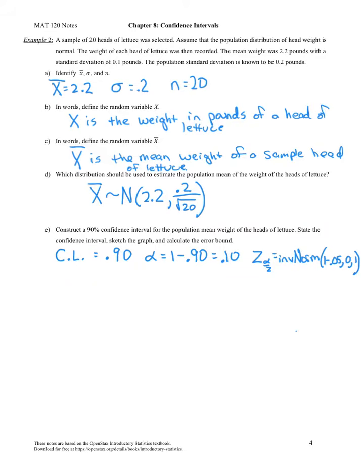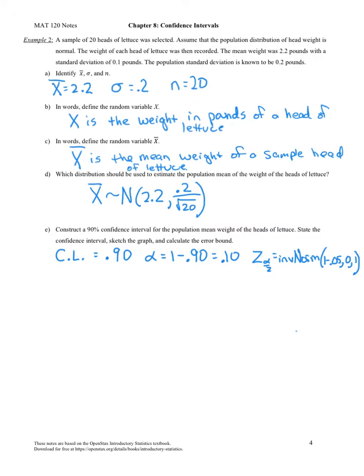Just to help you out a bit, you might be wondering, where did I get that 0.05? Well, alpha is 1 minus 0.9, which will give us 0.10, and then 0.10 divided by 2 is 0.05.